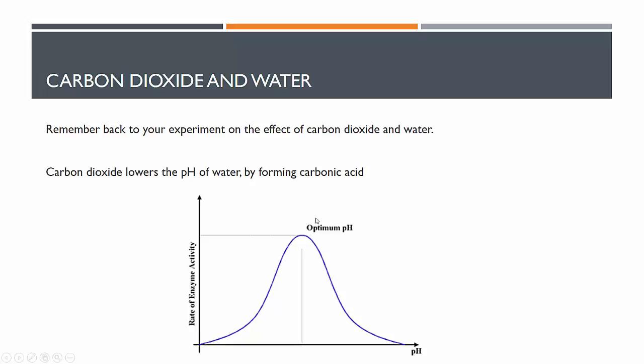Metabolism can't occur without enzymes, so optimal metabolic activity is equivalent to enzyme activity. If you have too much carbon dioxide, then you lower the pH. If this is a pH of 7.35, which is the optimal pH of blood, and you start to lower that, you can see that activity starts to fall, and it's falling because the enzymes aren't functioning properly.